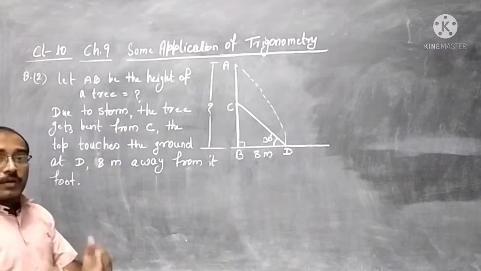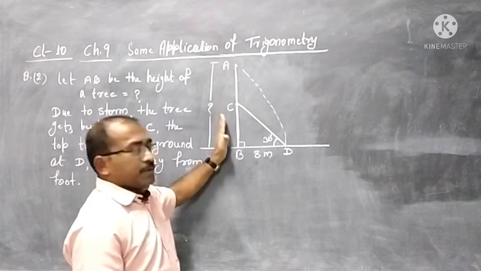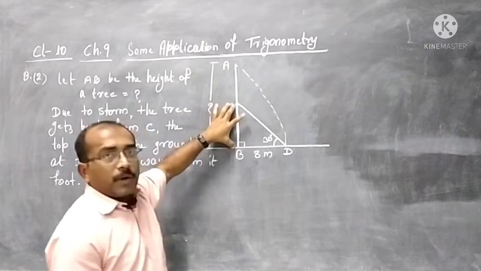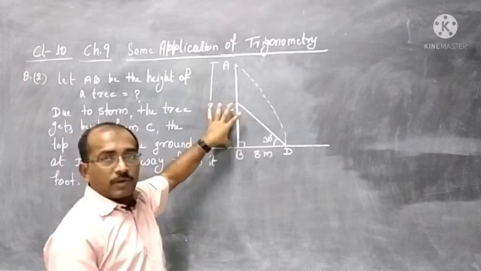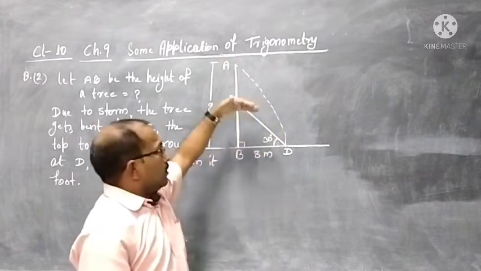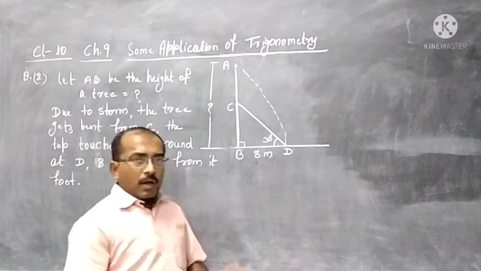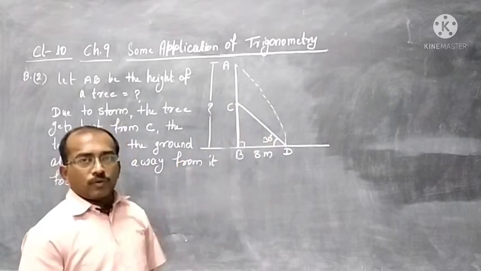Now, we will think how shall we find out? We need to find out the height of the tree. This is the remaining part which is still standing on the ground. We will find that it is the perpendicular, and then the broken part here is the hypotenuse. And what we know in this right triangle, the base is known to us.